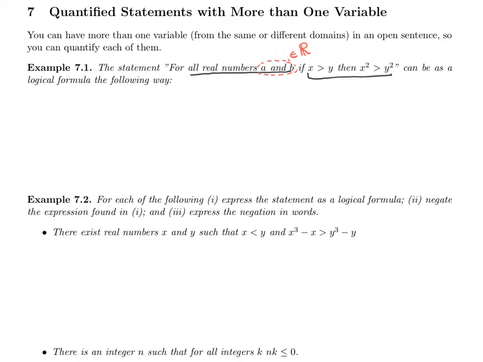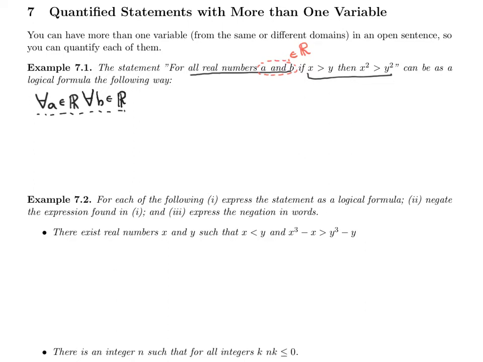So let's try and write this down. We want all real numbers a. Oh, sorry, I don't want a. I want the reals: for all real numbers a and all real numbers b. So for all a in R and all b in R, there's our quantified statement here.